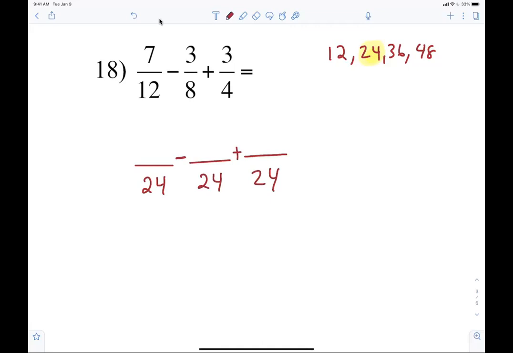So first fraction you do 7 times 2, which is 14. Good. Second fraction would be 3 times 3, which is 9. Good job. And then 3 times 6, which is 18. Beautiful.